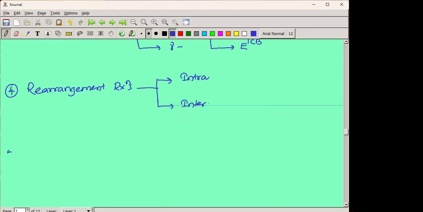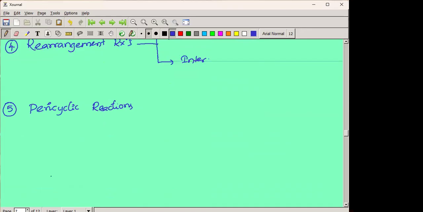And the next, pericyclic reactions, so Diels-Alder reaction, etc. And the sixth one is polymeric reactions.